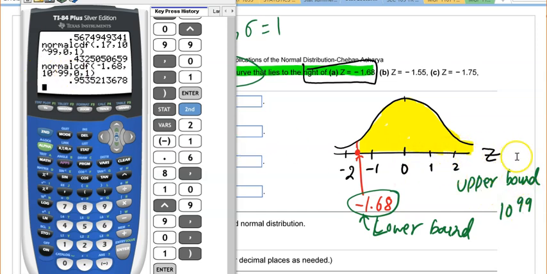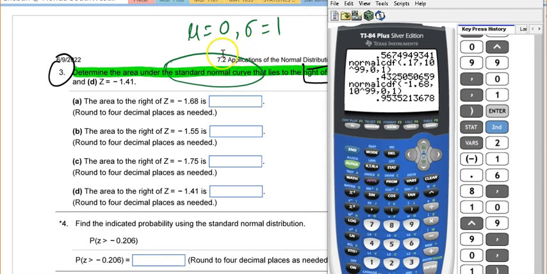Because I don't have an upper bound, I have to put that. And the mean is 0 and sigma is 1. And a close parenthesis, I press enter, I get 0.9535 rounded to 4 decimals.